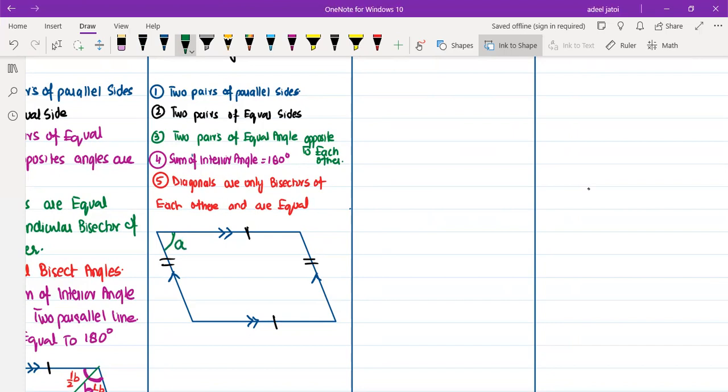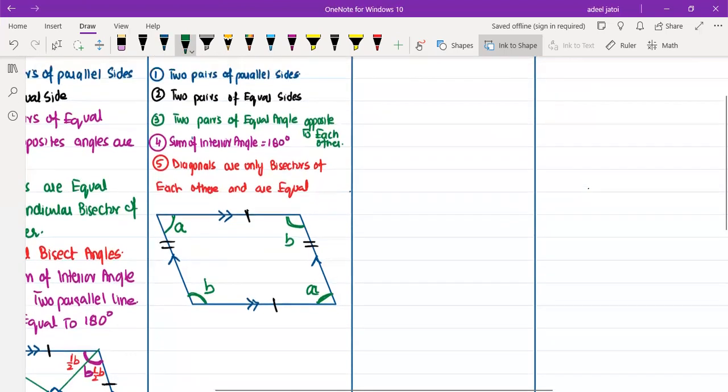So, if this is A, this angle should be A. If this is B, this angle is B. Remember, the quadrilateral makes up the total angle of 360. Now, the sum of interior angle is equal to 180. And the sum of interior angle involves the two angles with the parallel line.